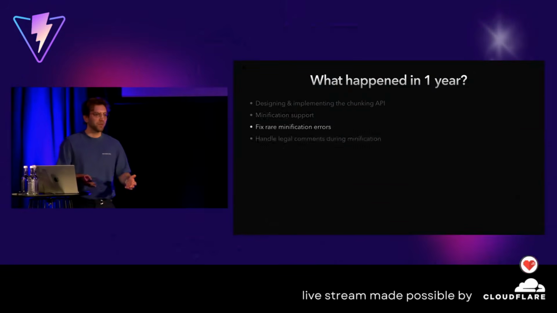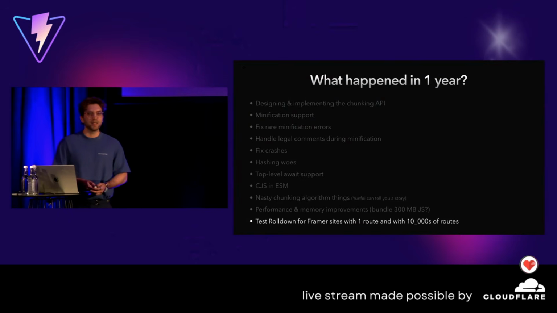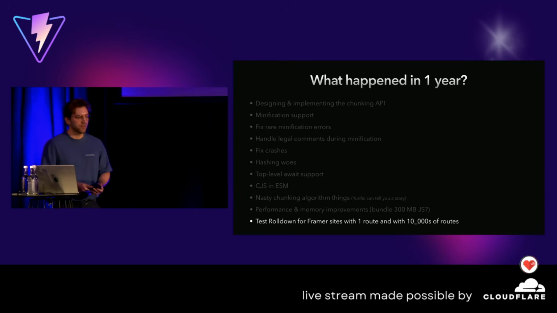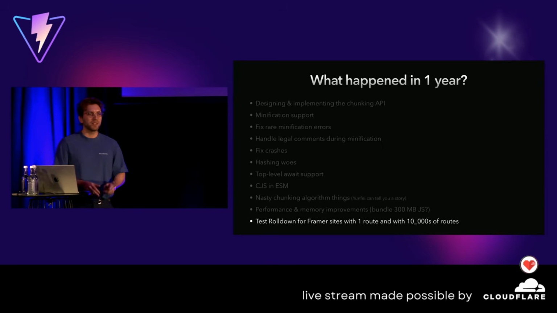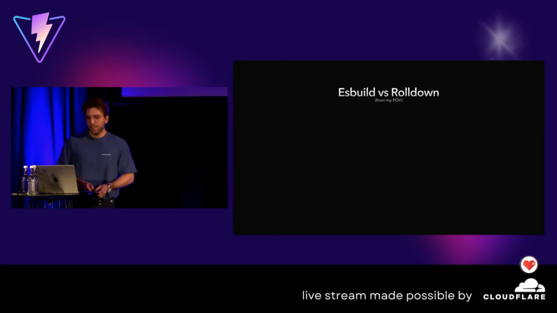That's too much for a single 25-minute talk, but lots of things happened. And I'm pretty sure if you ask some of Rolldown's very smart devs, they will tell you fun stories, like bundling 300 megabytes of JavaScript. That's not pretty fun.